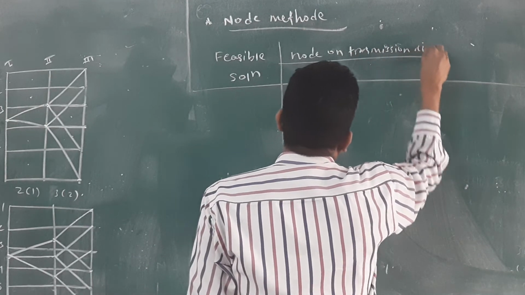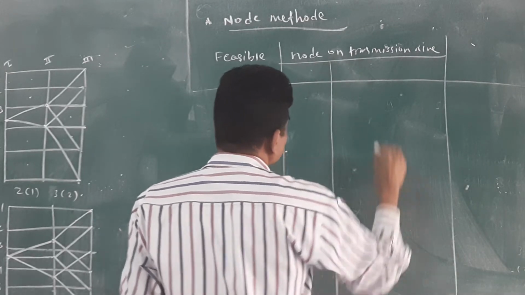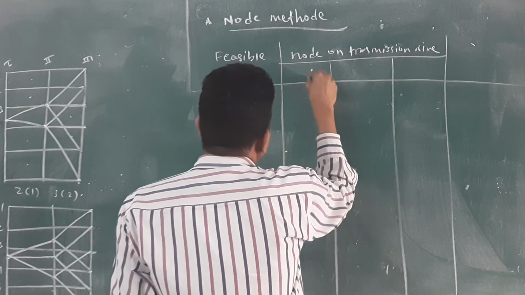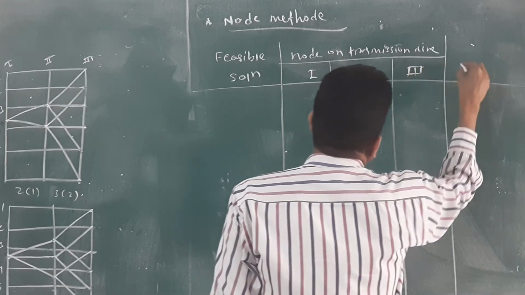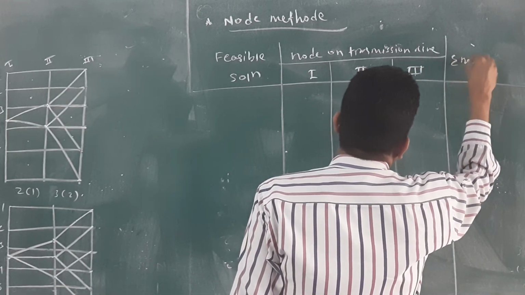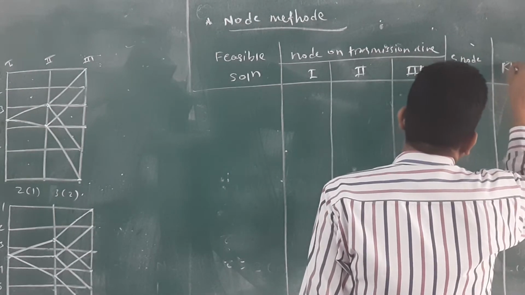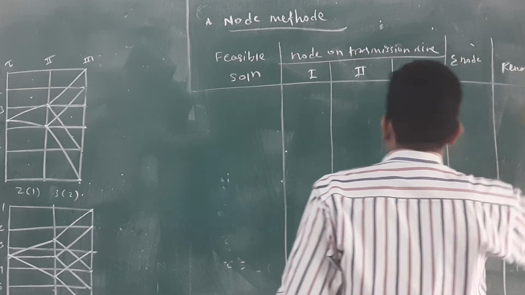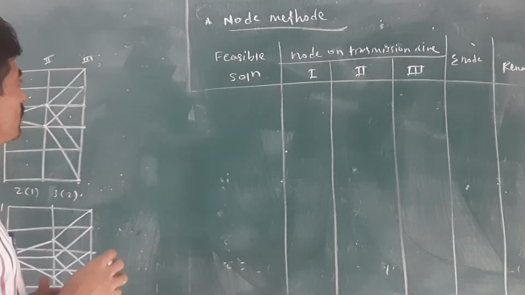Then here how many shafts are we using? 3 shafts. 1, 2, and 3 shafts. Here is the summation of node. Okay, in the last column you should write the remark. You should make this table in the node method.